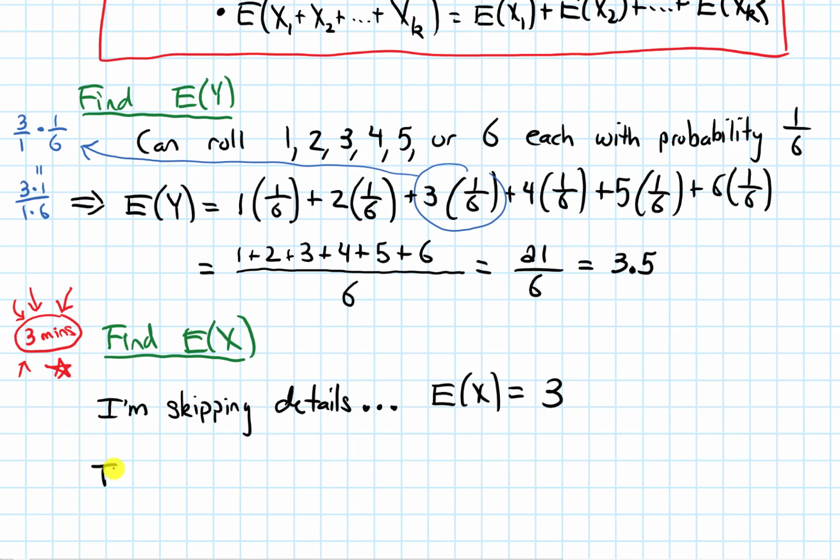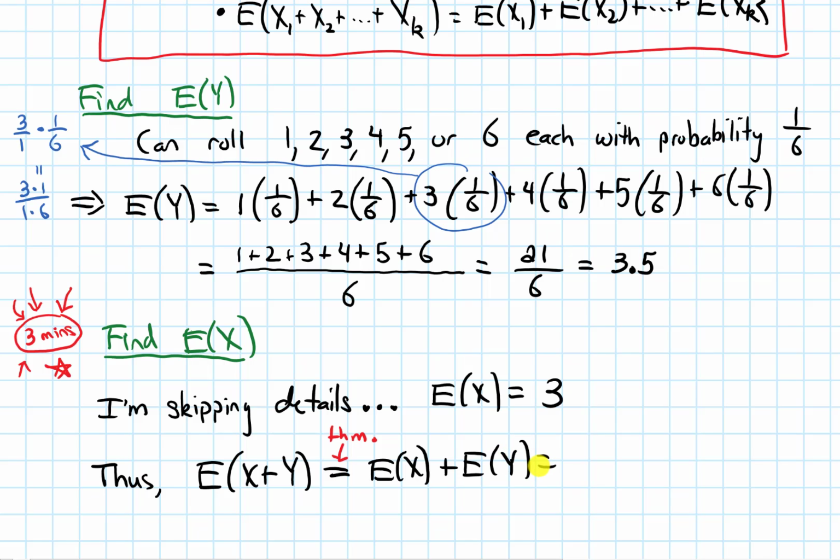Thus, we can put this together. The question wanted the expected value of x plus y, and using our theorem, which I'll abbreviate THM, this is equal to the expected value of x plus the expected value of y. The expected value of x we now know is 3.